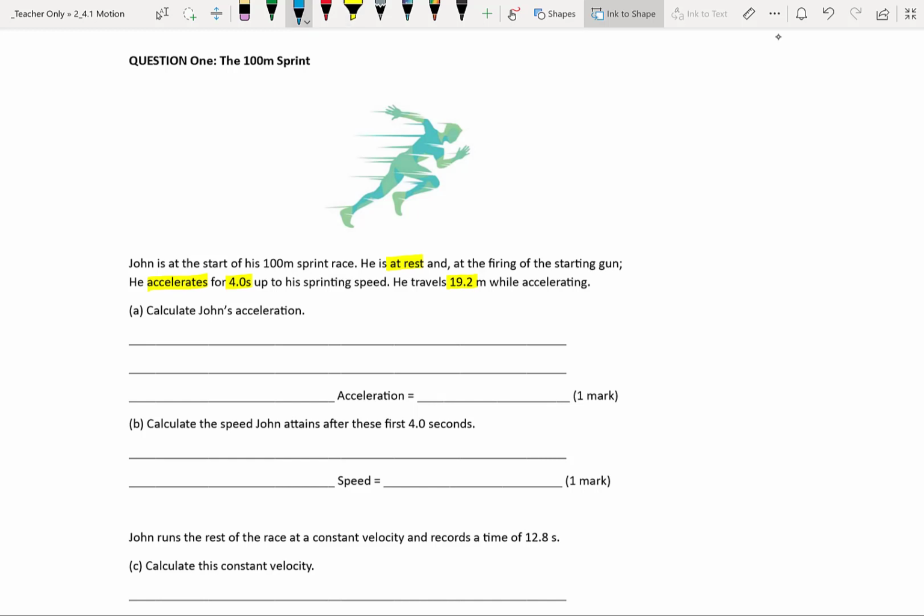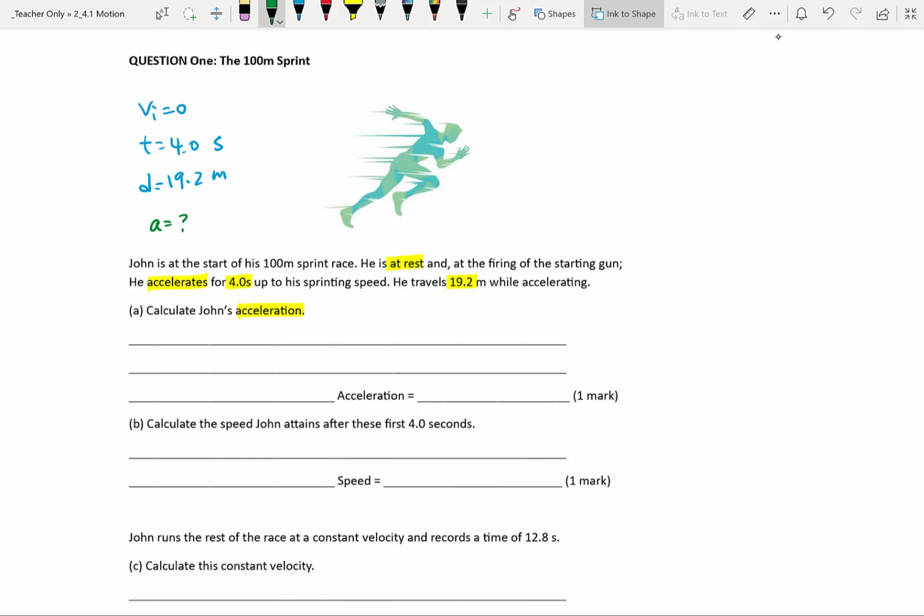So this is what we can see: at rest, Vi equals 0, accelerate for 4 seconds, and travel a distance of 19.2 meters. Question 1 asks for John's acceleration, so we want to find A.